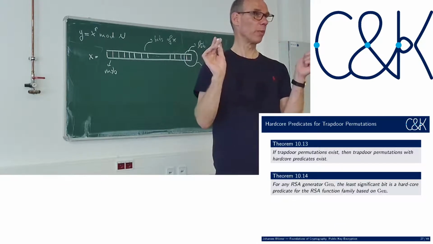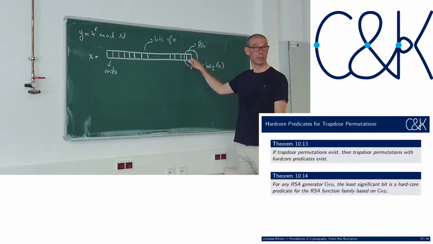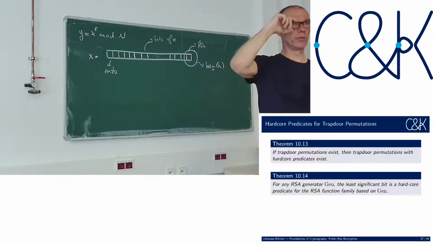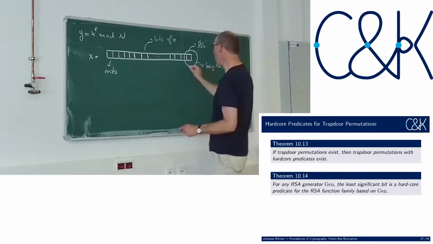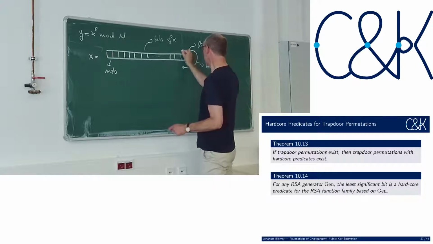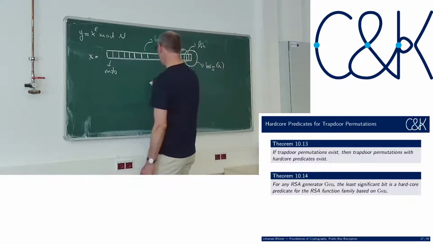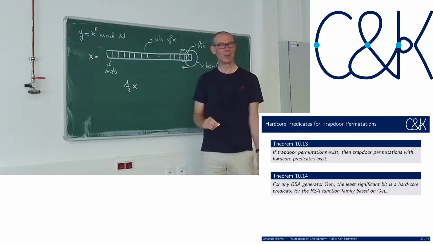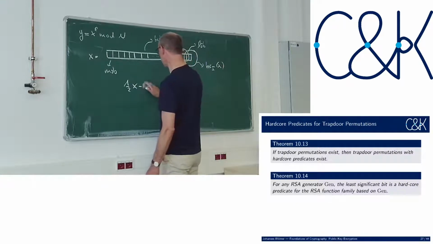Then I can first compute this bit here. Then if the bit is 1, I subtract that value from x. And then I can sort of move the lens to here. So then this bit here is the least significant bit of 1/2 (x minus x0), where x0 is the LSB of x.